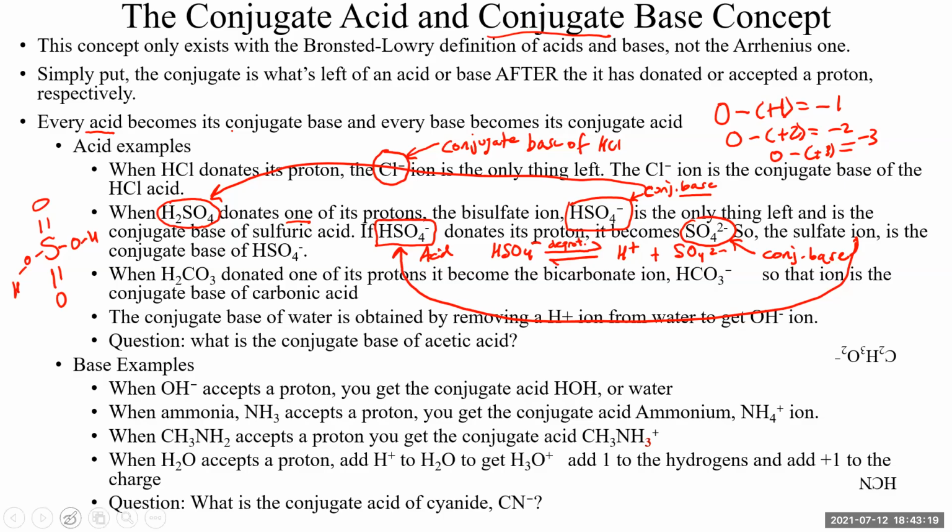But if you could manage to shove a proton onto one of these oxygens on sulfuric acid and make H3SO4 plus, that would become the conjugate acid of the base sulfuric acid. I guess that would be sulfuric base.